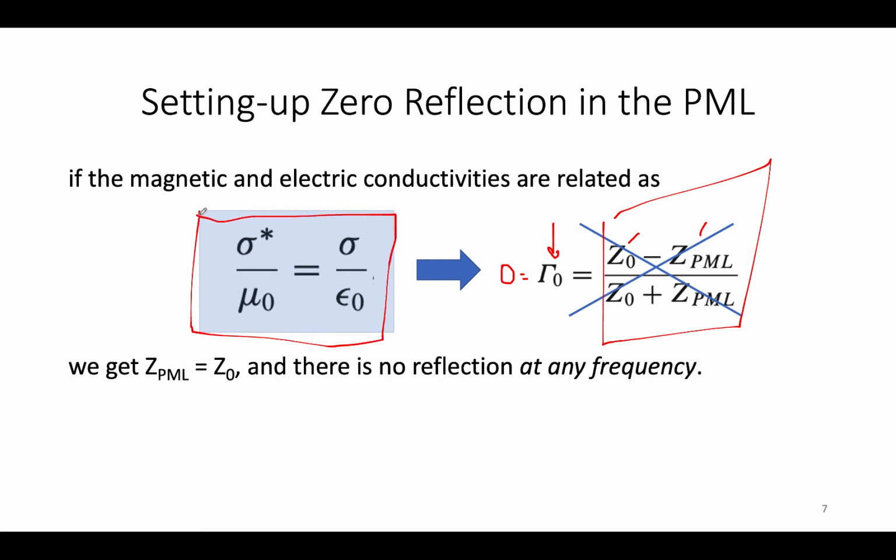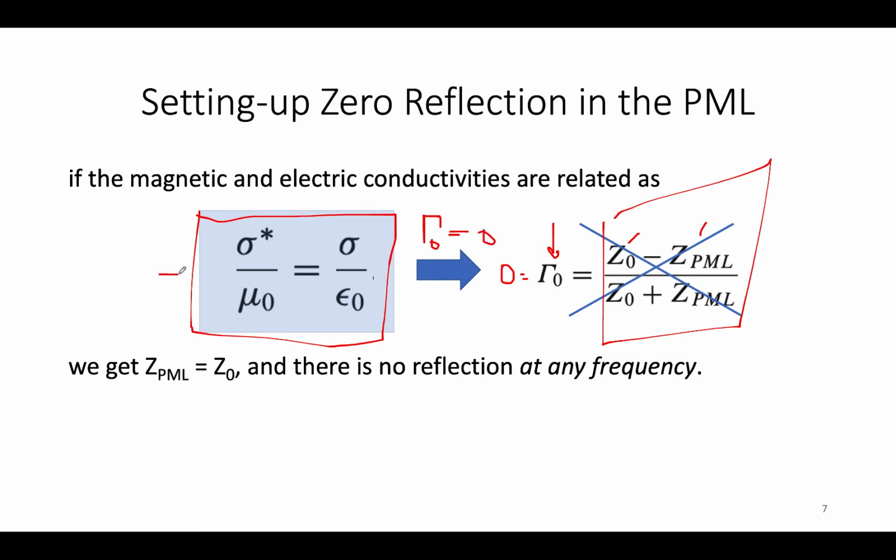So what we found is that in case sigma star over mu naught is equal to sigma over epsilon naught, then the reflection coefficient is going to be 0.